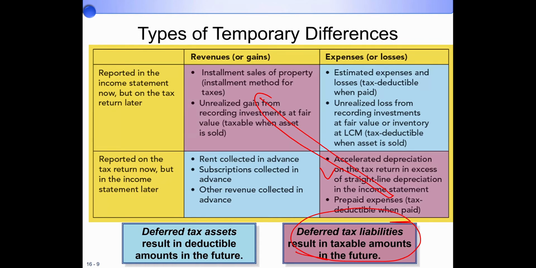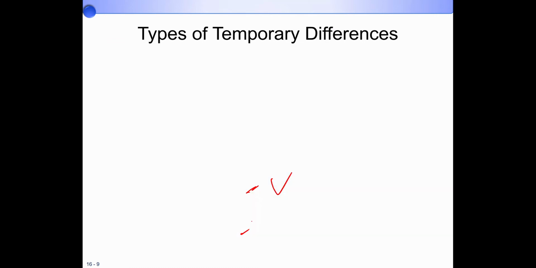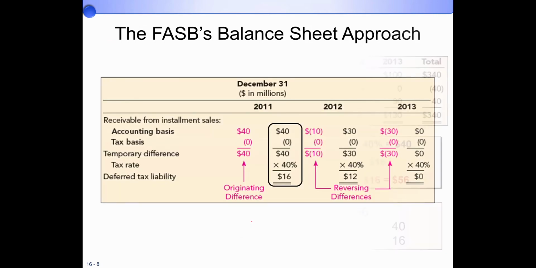Today we're going to work on the other issues, which are these colors. We call that deferred tax asset issues. So if you look at deferred tax assets, what happens? Let me go back to this initially.